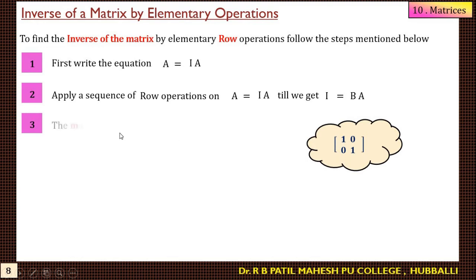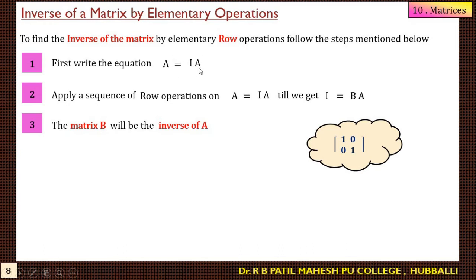And the third point: the matrix B will be the inverse of A. This is the method of getting the inverse matrix when a square matrix A is given. First write this equation. If you are using row operations, in the entire solution we use only row operations.